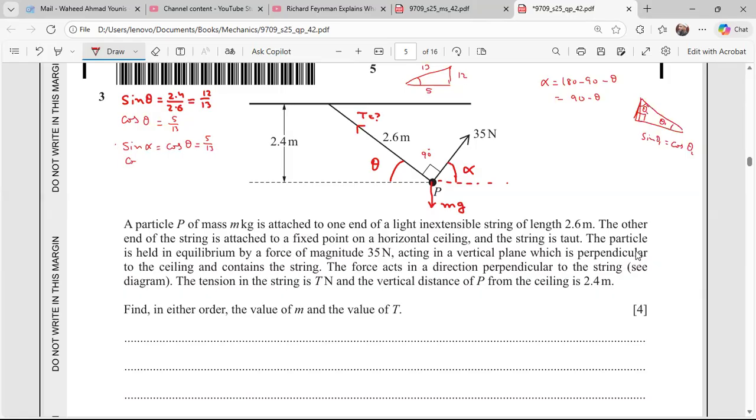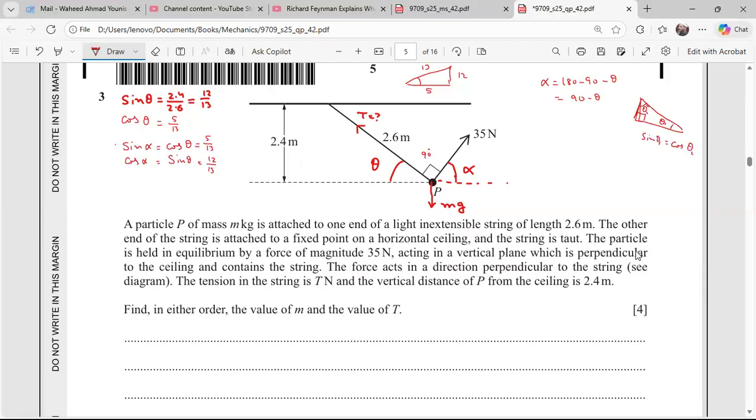Similarly, cosine of alpha is sine of theta, which is 12 over 13. We are going to use these values again and again, that's why I wrote them in the beginning. Let me make sure sine of alpha is 5 over 13.